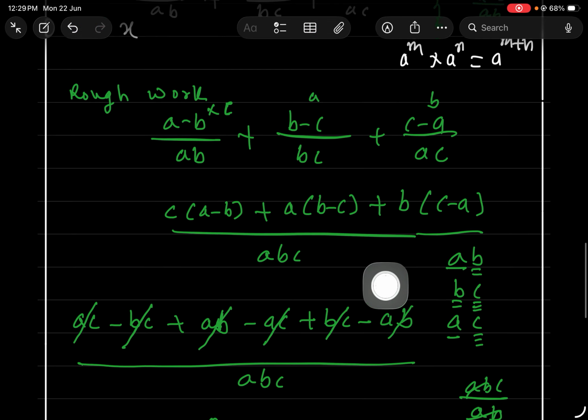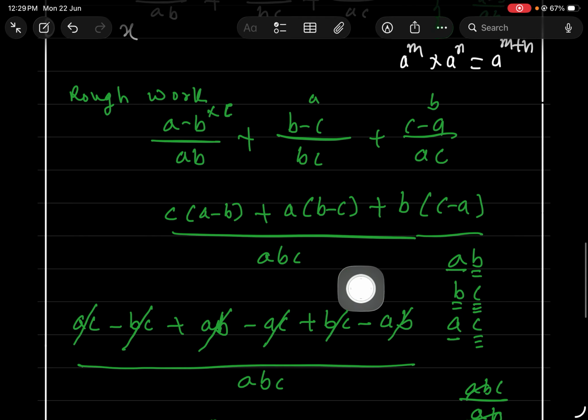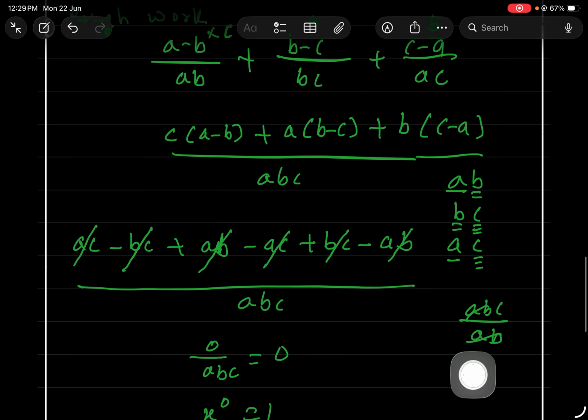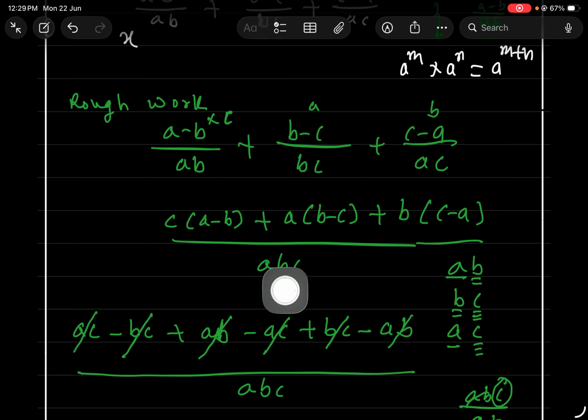Now by which letter do we multiply? The LCM is abc. For the first fraction, abc divided by ab leaves only c, so multiply by c. For bc, only a remains, so multiply by a. For ac, only b remains, so multiply by b.